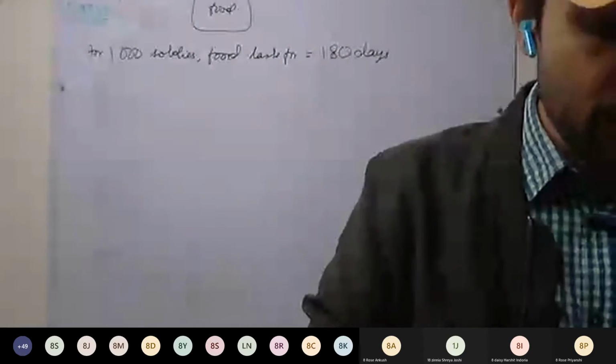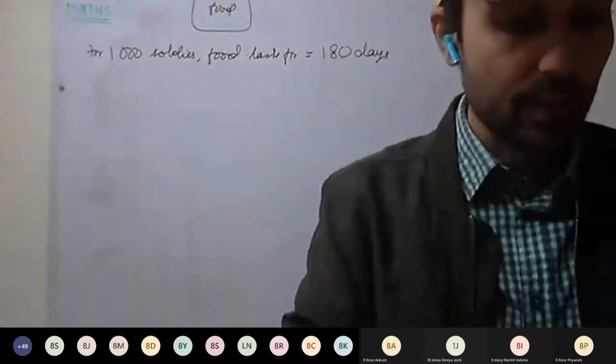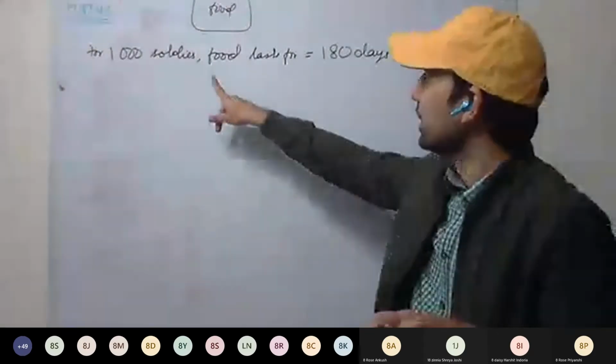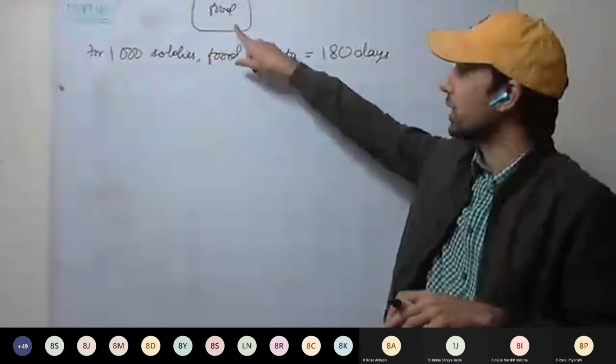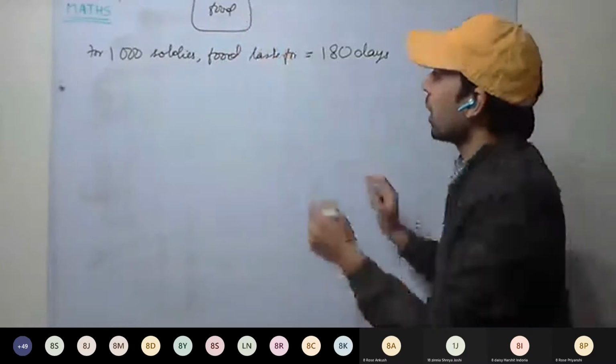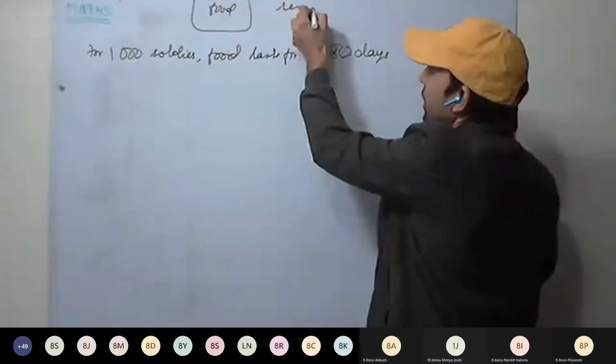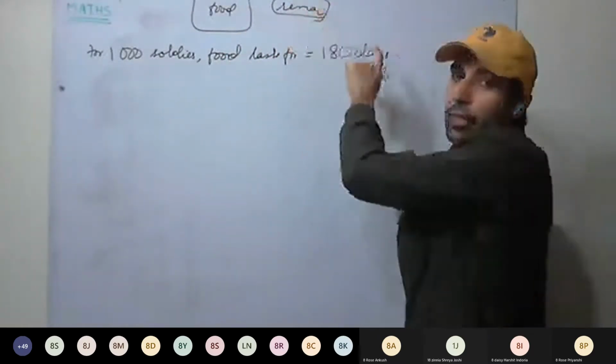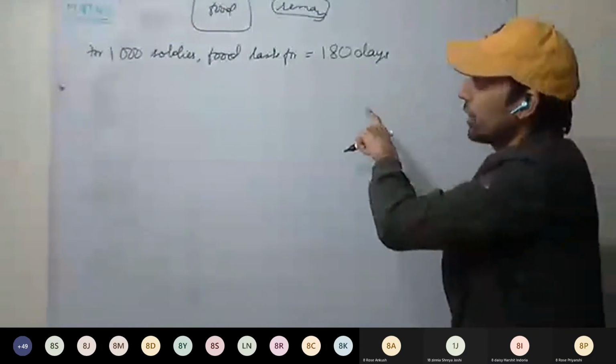How long will the remaining food last? So see here. 20 days, these 1000 soldiers have eaten food. So now the remaining food, how many days will it last?